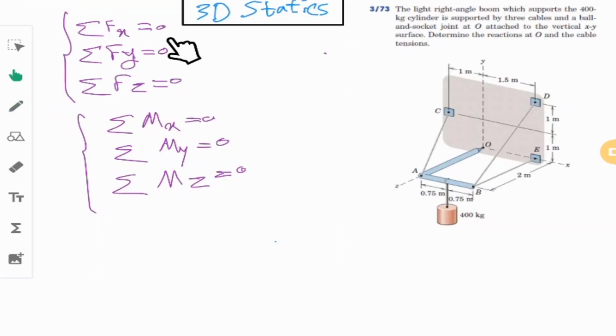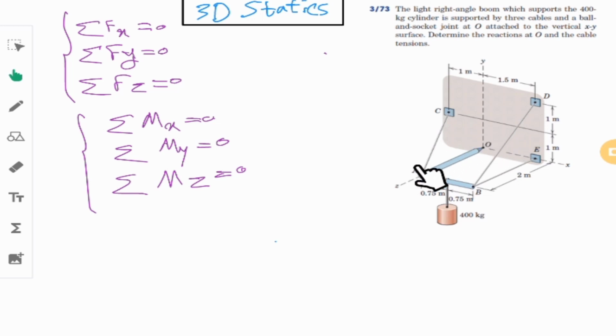Okay, so in the case of 3D statics, meaning when we have a problem in 3D and not only the x and y plane, we are dealing with 6 equations, 3 of them for the force and the other 3 for the moment. When we start to draw the free body diagram for different parts, we need to know the reactions for different joints.